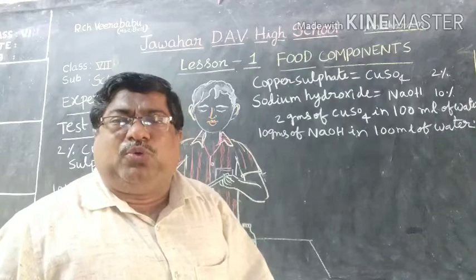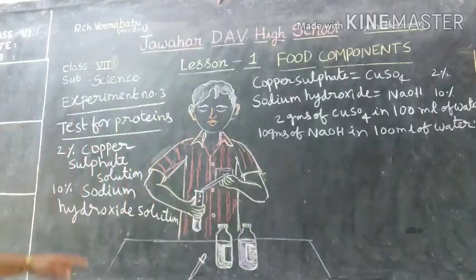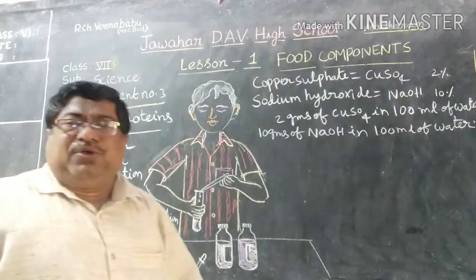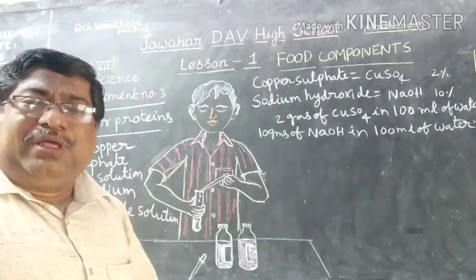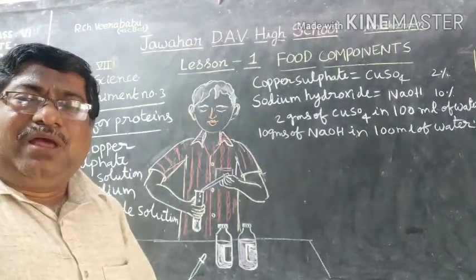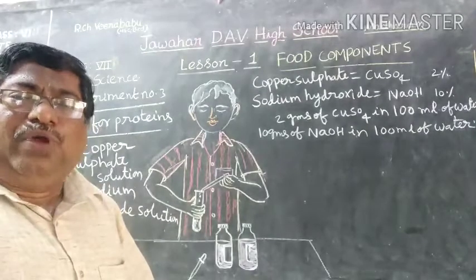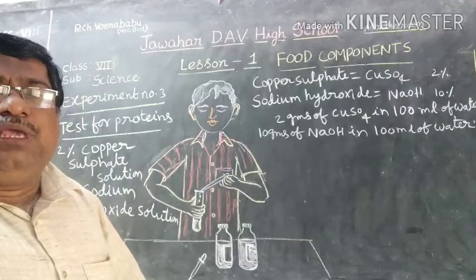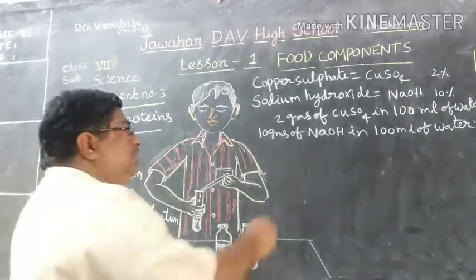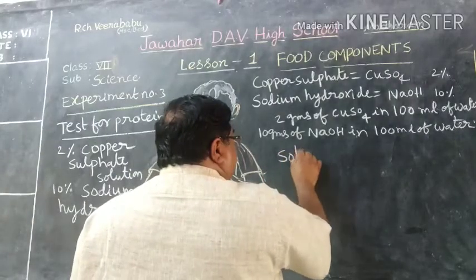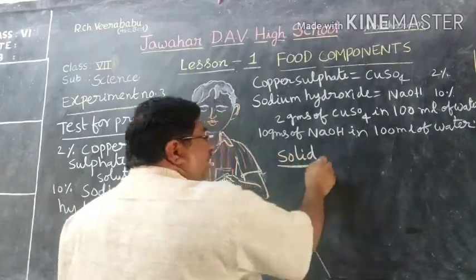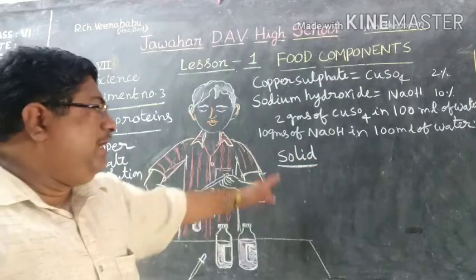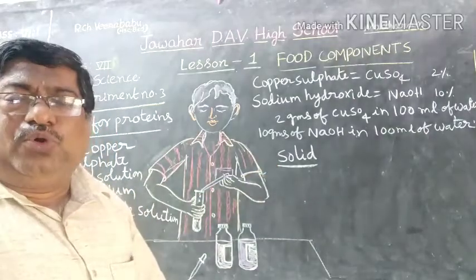Afterwards, what we have to do? What is the test name? Test for proteins. So, in the given compound, whether the proteins are contained or not, we have to test it. So, for that, what we have to do is, we have to take a solid. Now, if the given substance is the solid, then what we have to do?